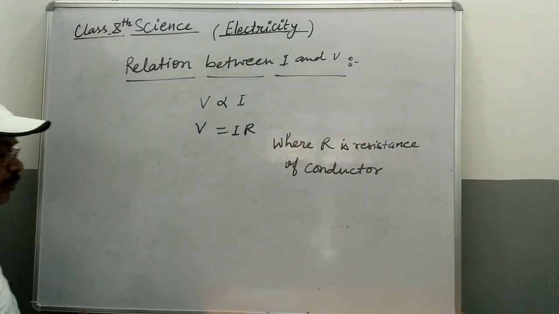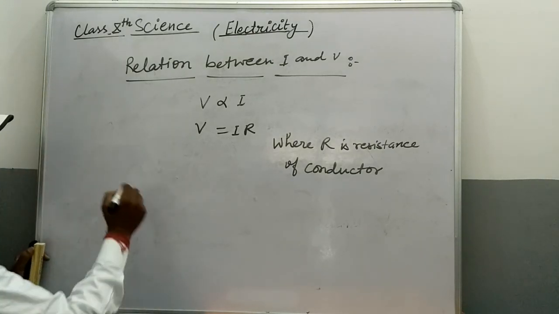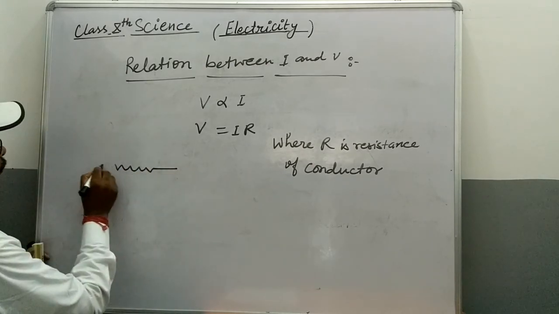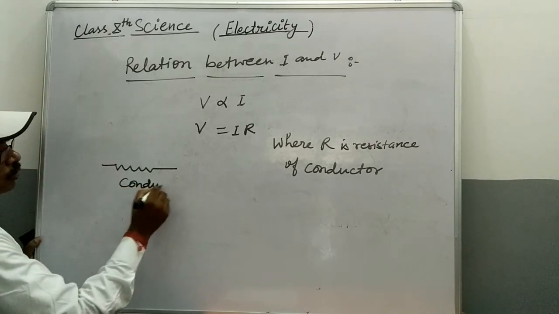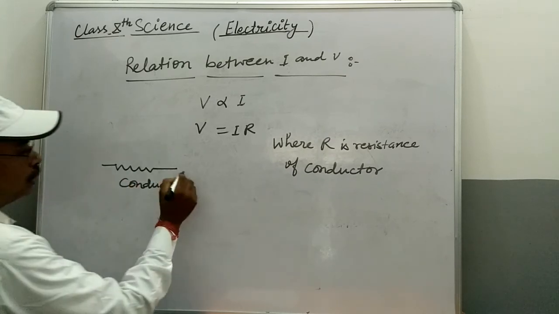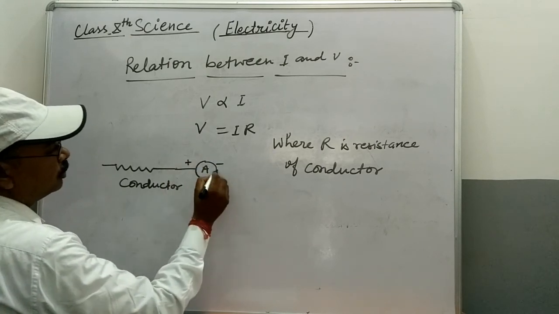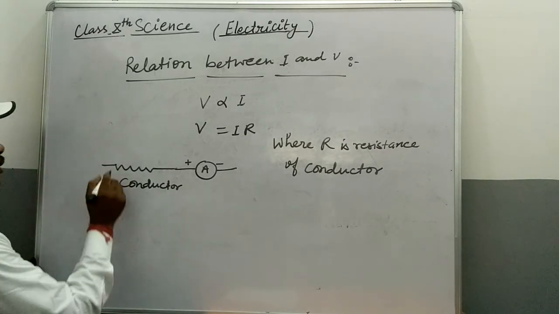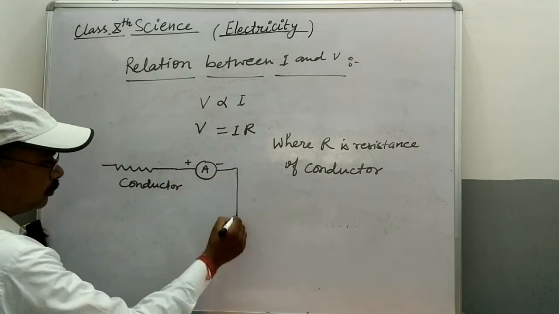Now students, we construct a circuit diagram related to Ohm's law. This is the conductor, and this is the ammeter. We have already told you in the next video that the ammeter measures current.